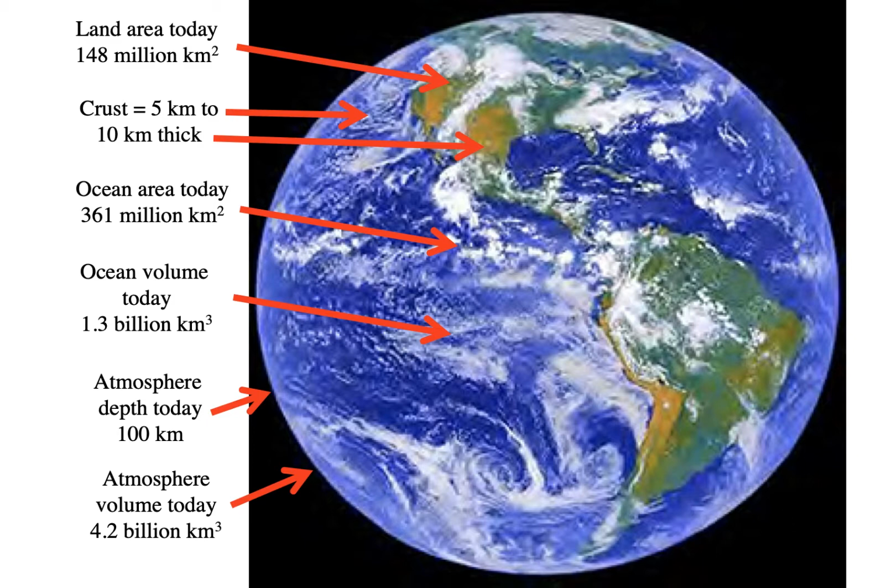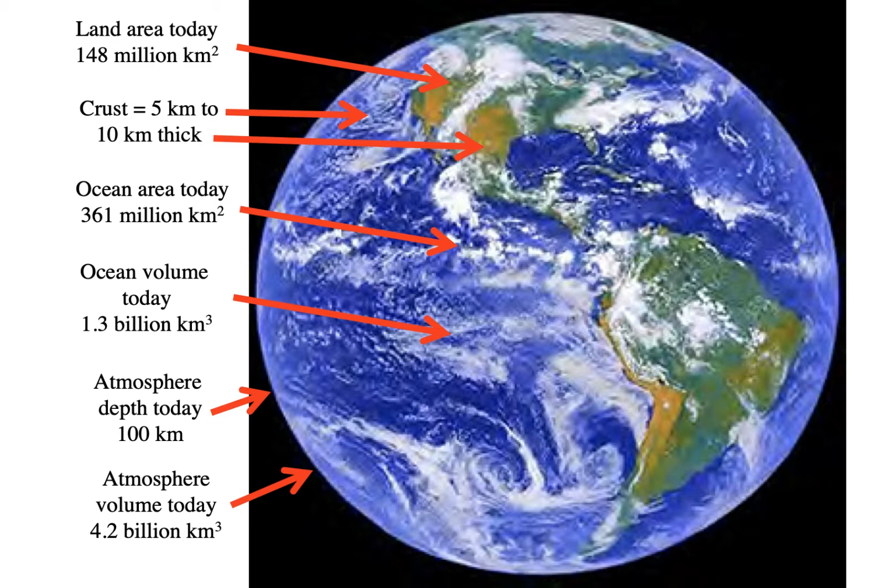and then when you look all around the world, you see the opportunity for these organisms to evolve and adapt to many, many more environmental systems. So the land area today is 148 million square kilometers. The crust is 5 to 10 kilometers thick, and there are actually organisms living at least 5 kilometers into that crust.